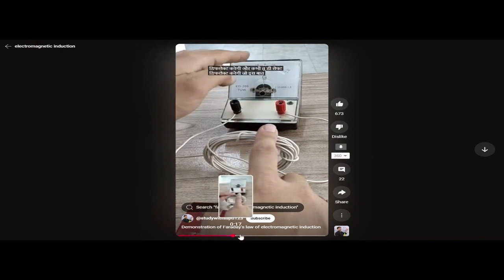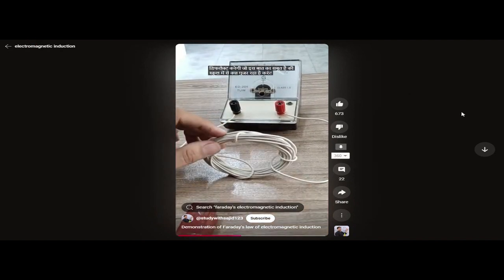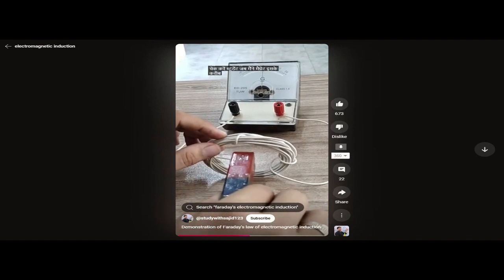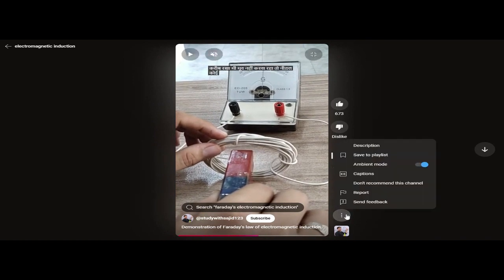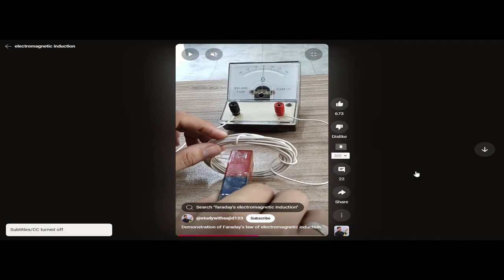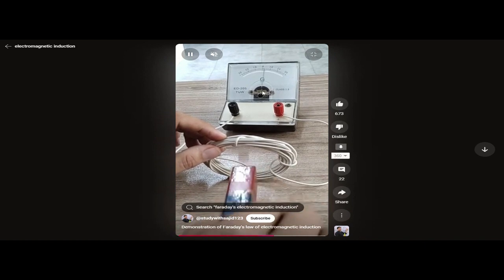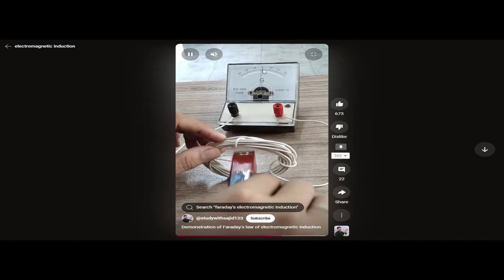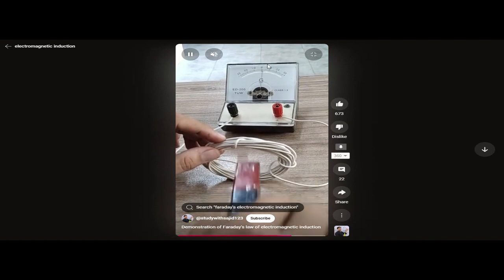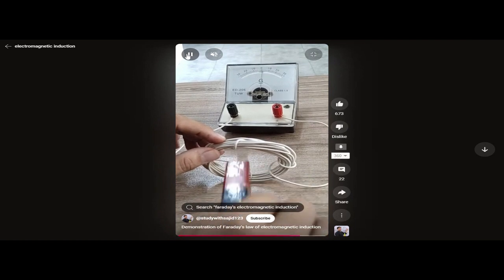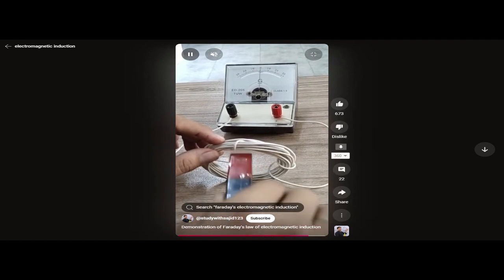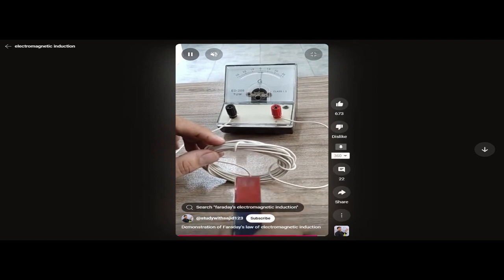Now see, when you bring a magnet towards this coil, see what happens. Check this galvanometer. Can you see? When you bring the magnet in or out of this coil, you can see the galvanometer is moving. That means there will be a current in the coil. A galvanometer is like a meter, so it will show us a current.